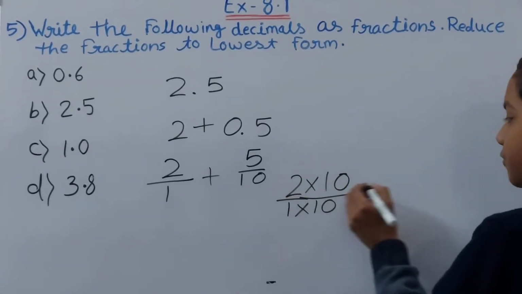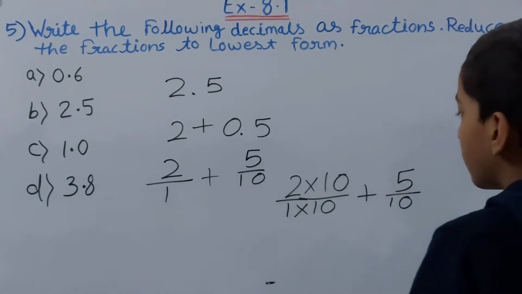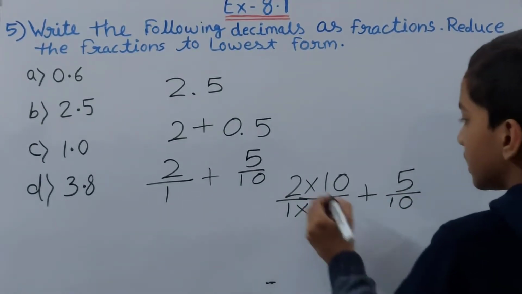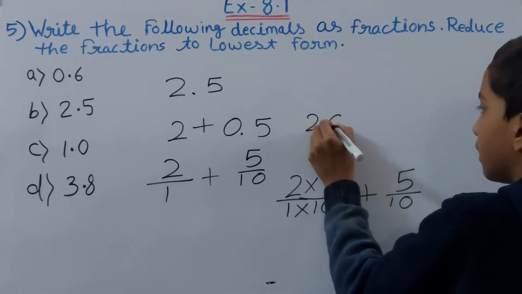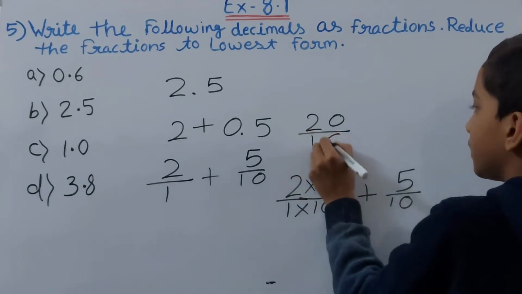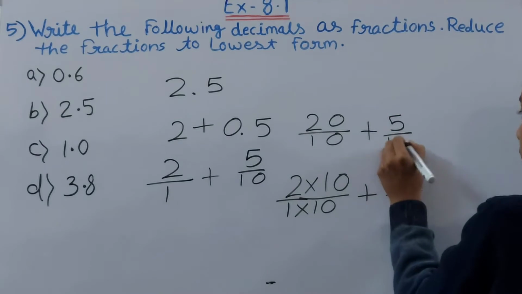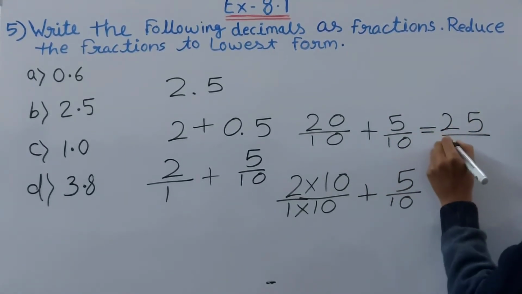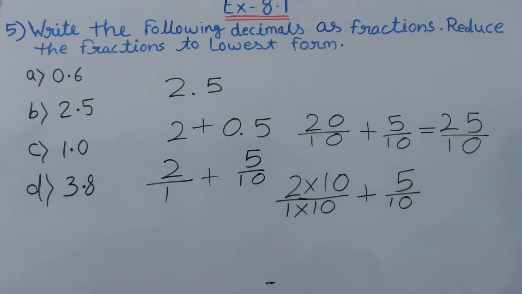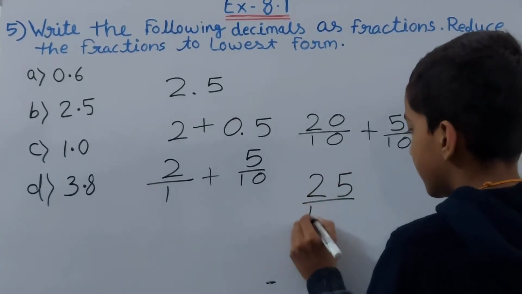And 5 upon 10 stays as it is. So this becomes 20 upon 10 plus 5 upon 10, which gives us 25 upon 10.